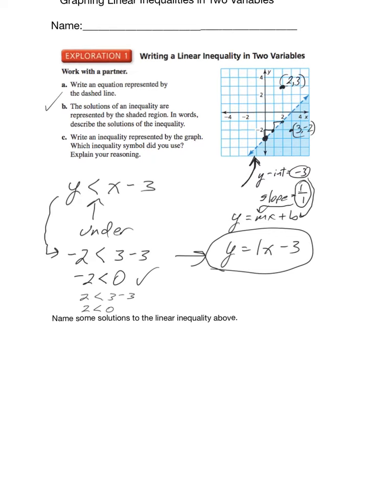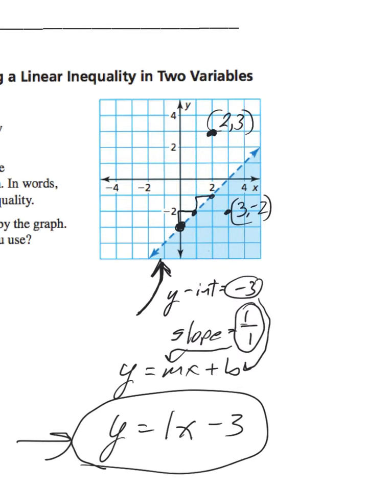The next question I just have is, it says, name some solutions to the linear inequality above. So what I can do in this case is, well, one point, for instance, is going to be the one we just figured out. It's just 3, negative 2. But any point inside this shaded region is going to work in the inequality.